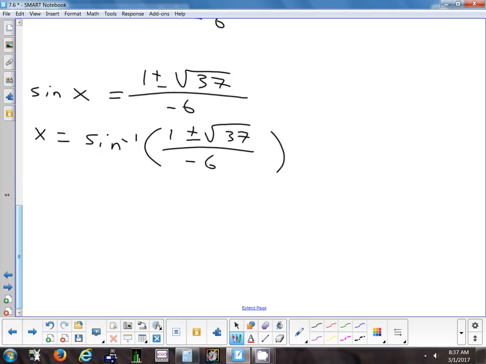Anybody think they know how many answers I could get at most? 4. When you do inverse sine, you have the plus version, and there are 2 quadrants where sine could equal a positive number, and then the minus version, 2 answers where sine could equal a negative.